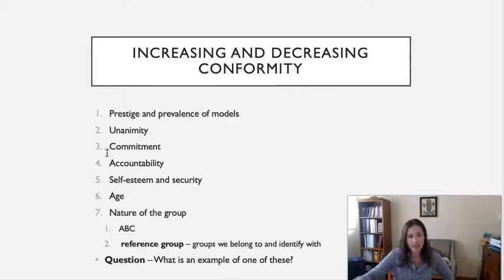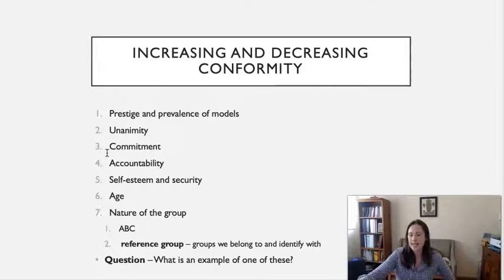So 25 down to 6 just by having them make that commitment first. For accountability, if you have to justify your decision to the group at the end, you are more likely to conform, especially if the emphasis is on group harmony.